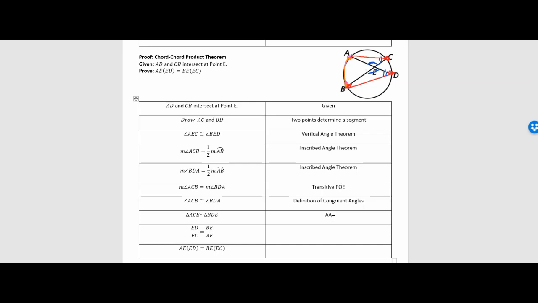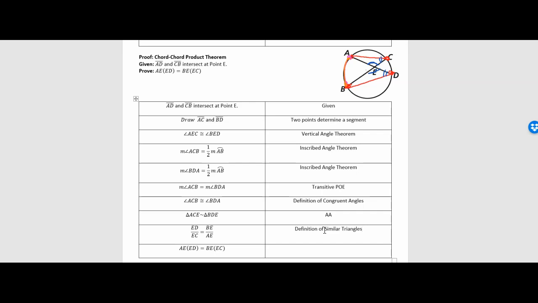So ED to AC, ED to EC, and BE to AE, those ratios should be equal by the definition of similar triangles. Right, if two triangles are similar, they'll have the same scale factor, which means corresponding sides will have the same ratio.